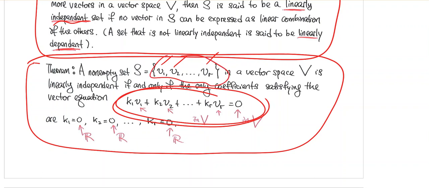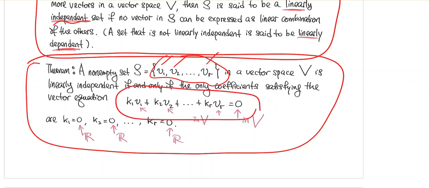How do we figure that out? Well, you always set up these equations and see whether the only solution for the system is this, or you might have non-trivial solutions. These are called the trivial solutions. You're looking for a non-trivial solution. If you have non-trivial solutions, then the vectors are said to be linearly dependent. And if you have only the trivial solution, then these vectors are said to be linearly independent. So we have seen this before.